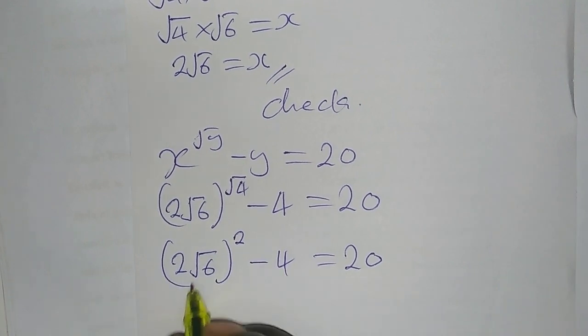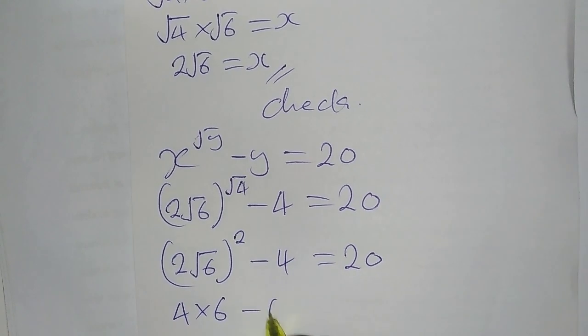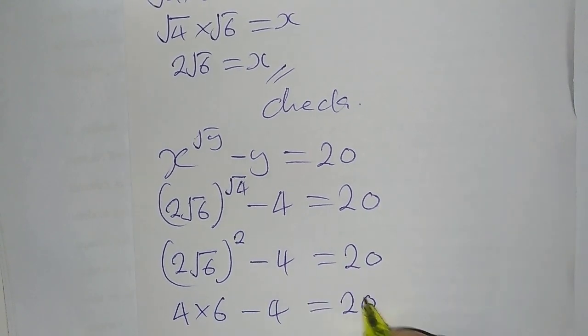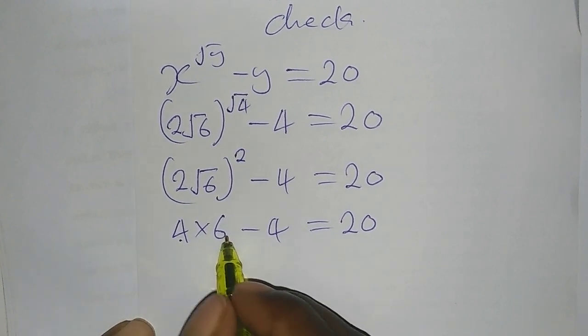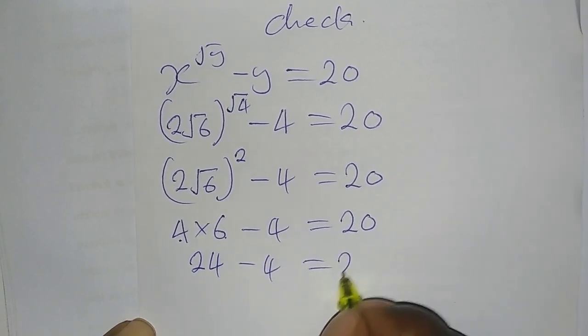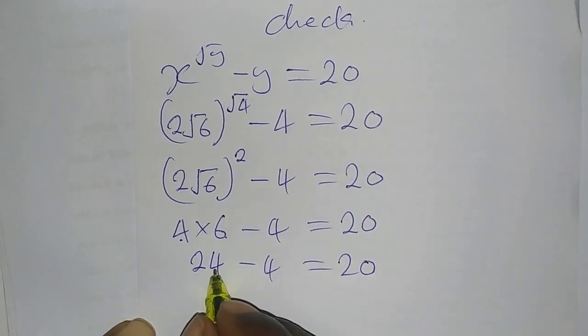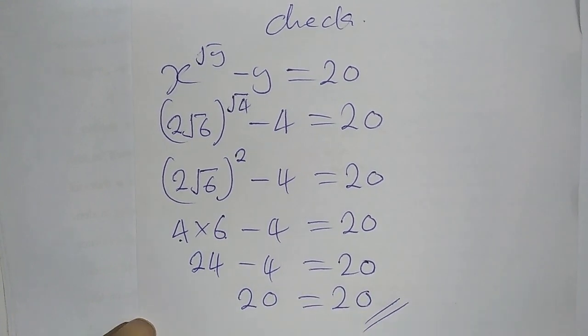Therefore, if we expand this bracket, we are going to have 4 multiplied by 6 minus 4 equal to 20. Now, 4 multiplied by 6 is the same thing as 24, minus 4 equal to 20. Then 24 minus 4 is 20, equal to 20. Then our solution is correct.